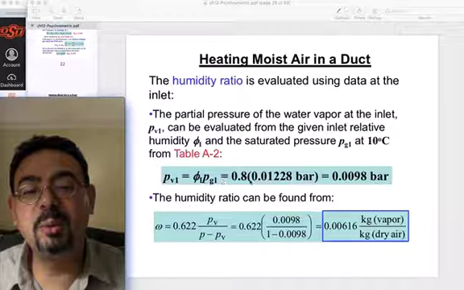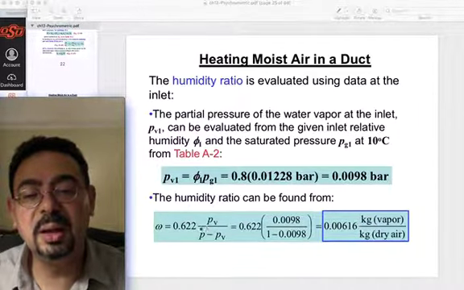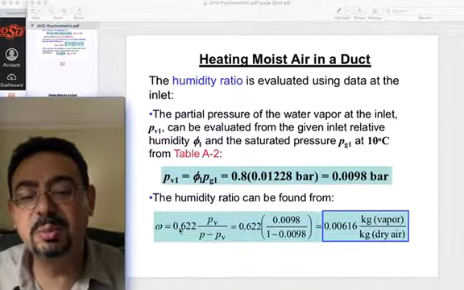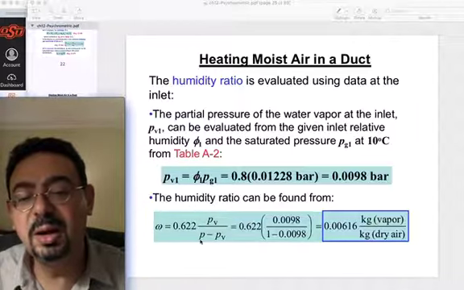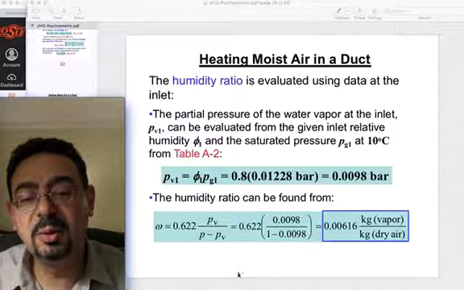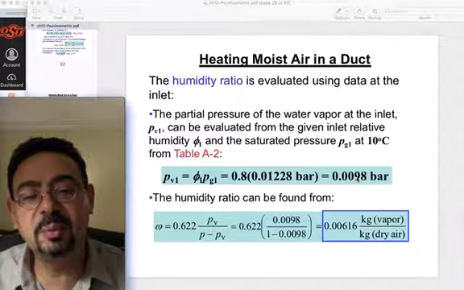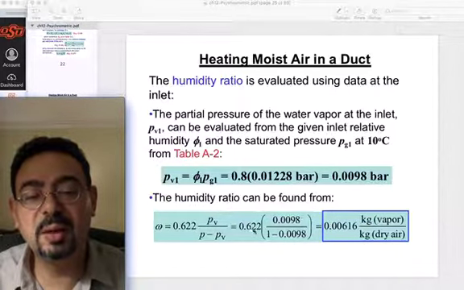And P vapor 1 will be 80% of this. Here is the omega equation, 0.622 P vapor over P mixture minus P vapor, with the P vapor we just calculated.